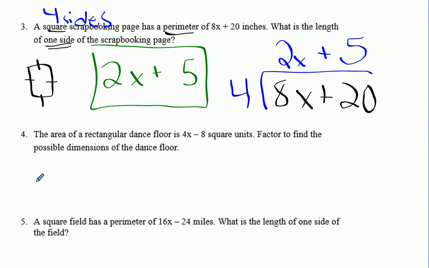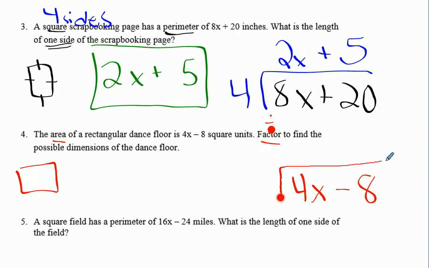Next one, number 4. The area of a rectangular dance floor, this time we're talking about area, is 4x minus 8 square units. Factor, so again, factor is the clue word, means divide. I'm dividing it to find the possible dimensions of the dance floor.